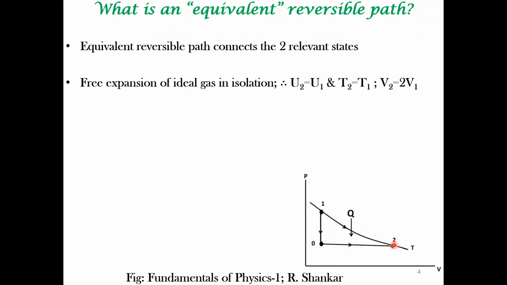Let us see why we chose that path. We already mentioned these constraints from simple analysis, and we also said that V2 is twice that of V1. Because delta U is 0, you can say Q is P dV. There's no work done here.